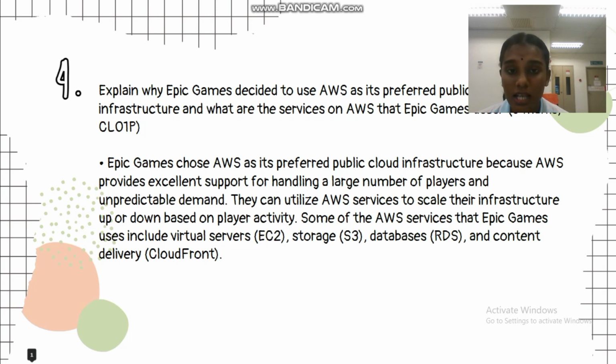They can utilize AWS services to scale their infrastructure up or down based on player activity. Some of the AWS services that Epic Games uses include virtual servers like EC2, storage S3, databases RDS, and content delivery, that is CloudFront.